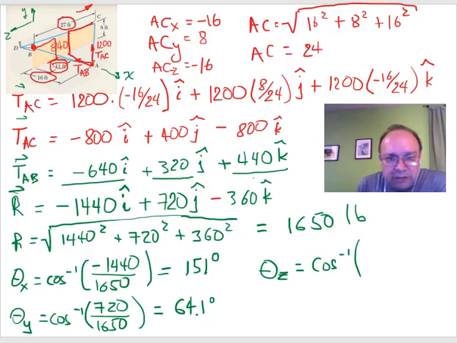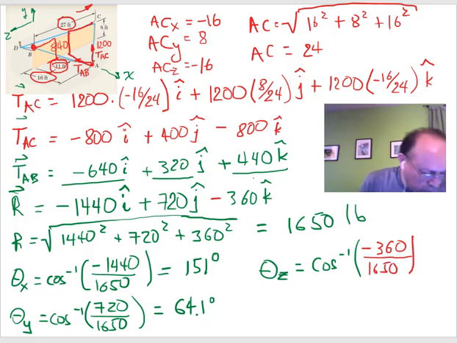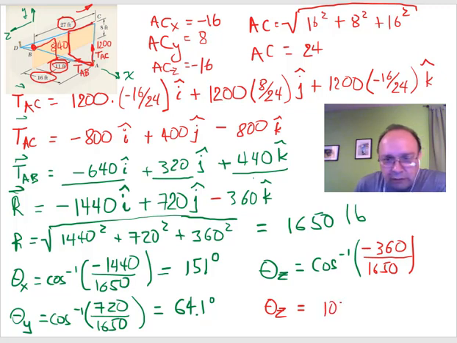So here we have to do minus 360 divided by 1650. That gives us theta z equals 103 degrees.